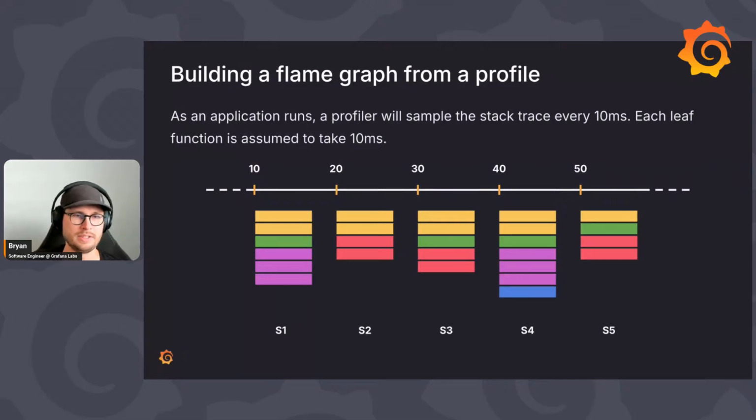We can see that here we have 5 stack traces that have been sampled over the course of 50 milliseconds. And when the profiler asks for that stack trace sample, it assumes that whatever function is currently being executed by the CPU, or that function at the end of that stack trace, took 10 milliseconds to run.